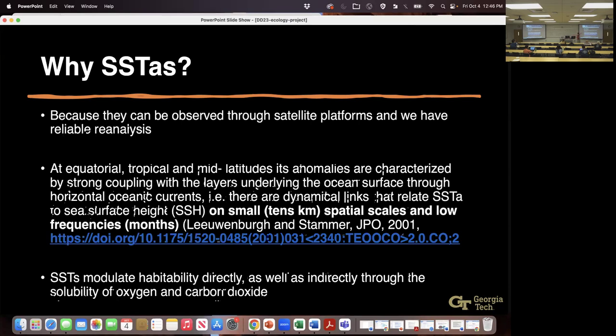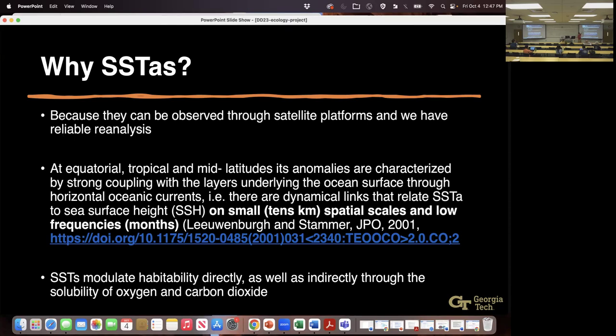And this has been shown in a previous paper in 2001, by comparing sea surface height and geostrophic velocity derived from sea surface height observations from satellites with sea surface temperature.